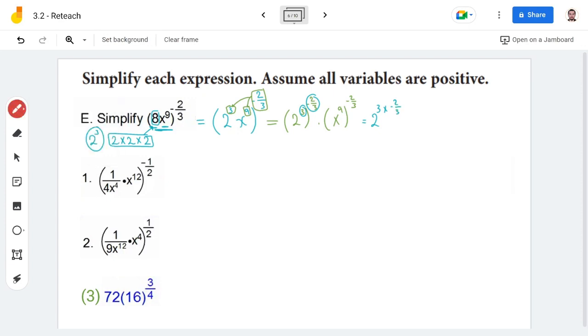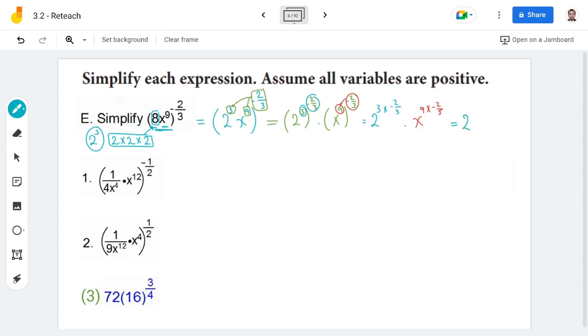Now let's do the second one, which is x to the power of 9 times negative 2 over 3. Now, how can I multiply these together? To multiply these, let's rewrite this one: 3 multiplied by negative 2 over 3.